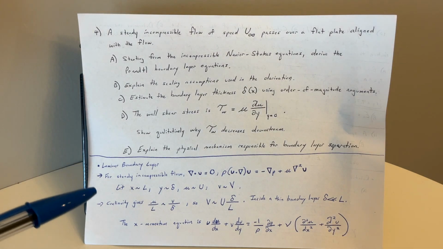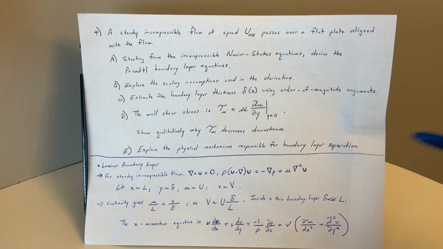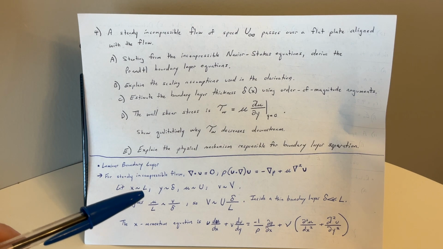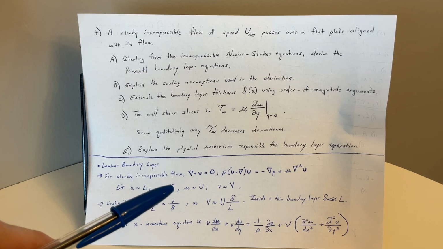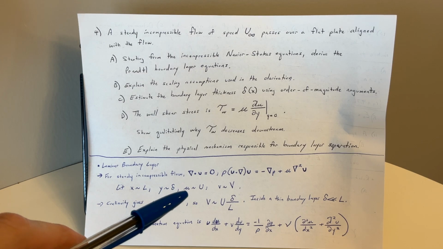So for letter A, for steady incompressible flow, we have the following, and this is canonical. We'll let x be approximating L, y approximating delta. My apologies for the horribly drawn deltas.